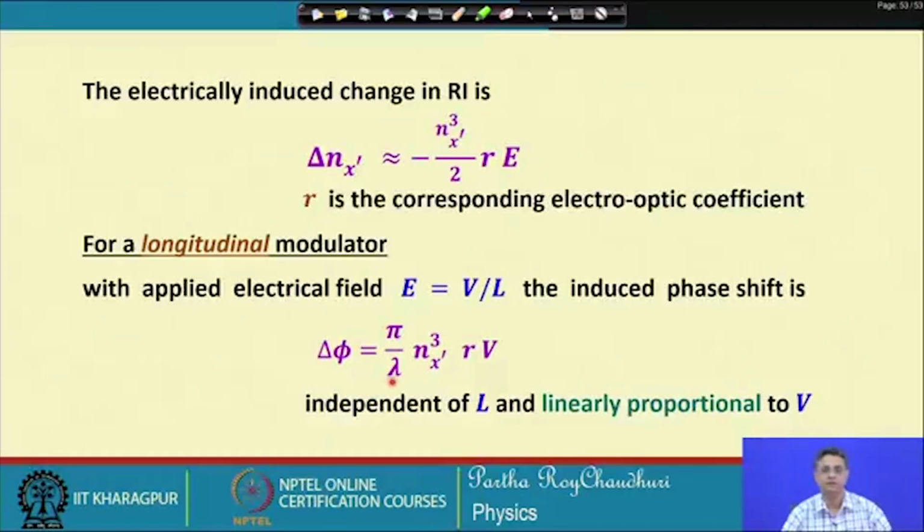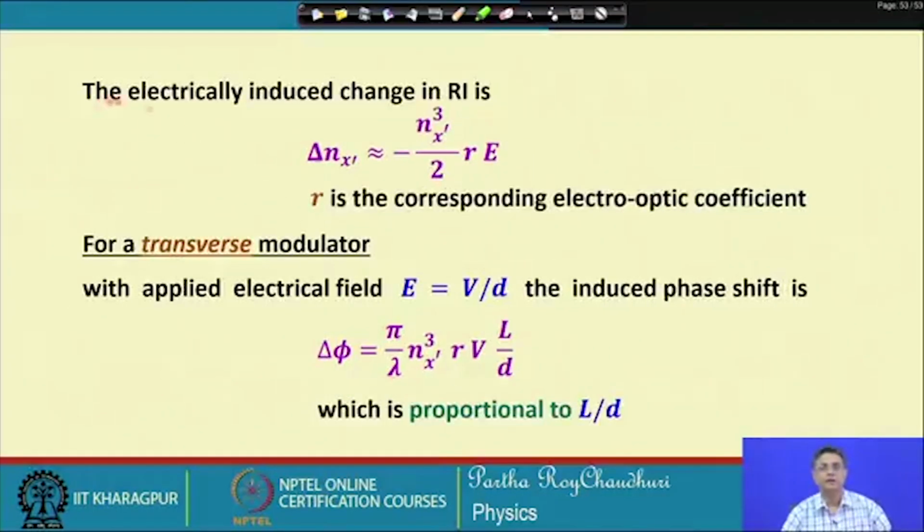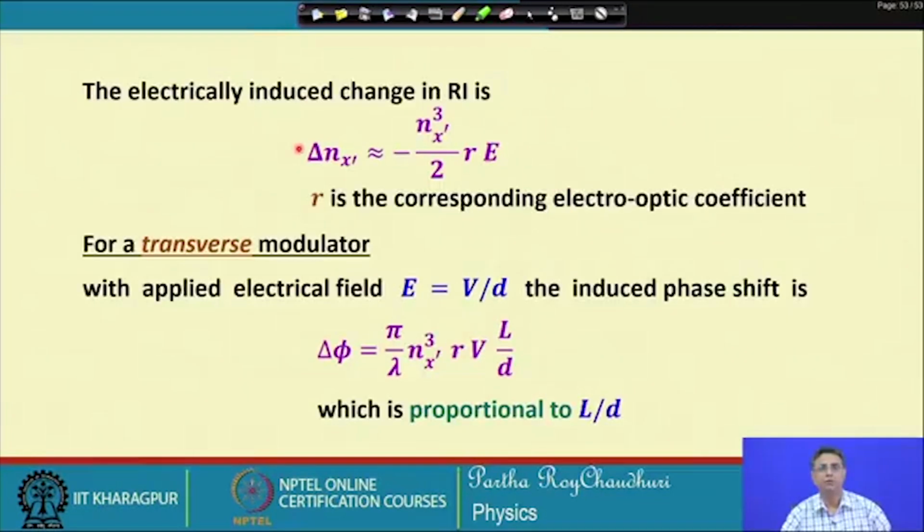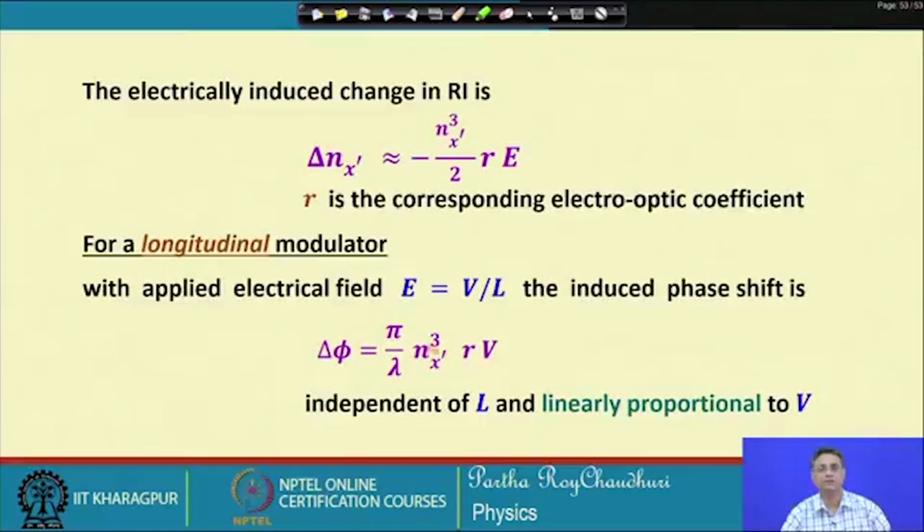I hope this is very interesting. The electrically induced phase change will be this for the case of a transverse modulator with the applied voltage. If the modulator is a transverse one, then V by d is the electric field, and as a result the phase change will be proportional to L by d. The corresponding half wave voltage for the longitudinal case: delta phi has to be equal to pi.